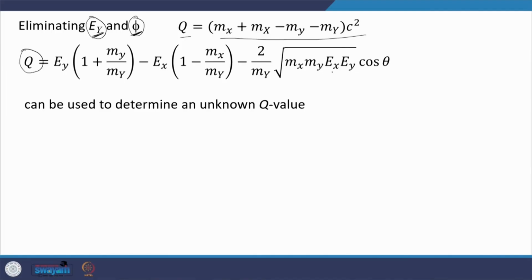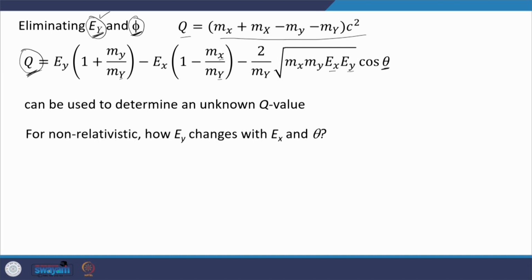Of course, you need the energy of the projectile, the energy of the ejectile, okay, and the angle with which the ejectile is moving with respect to the incident beam direction, alright, and the masses of small x, small y and capital X, capital Y. Okay. Here what is unknown is the energy of the product nucleus EY. If we do not know this, this equation can be helpful for calculating the unknown Q value of a nuclear reaction.